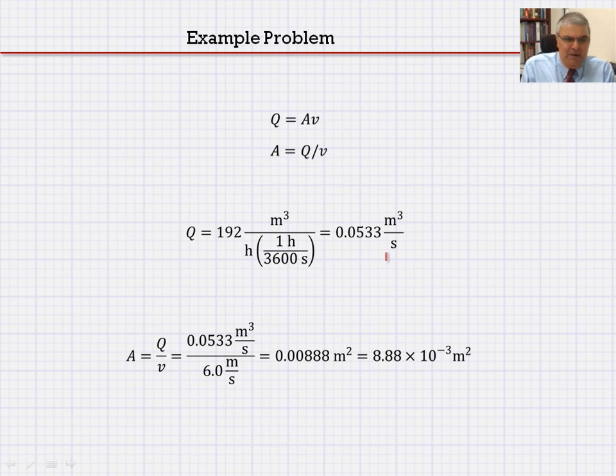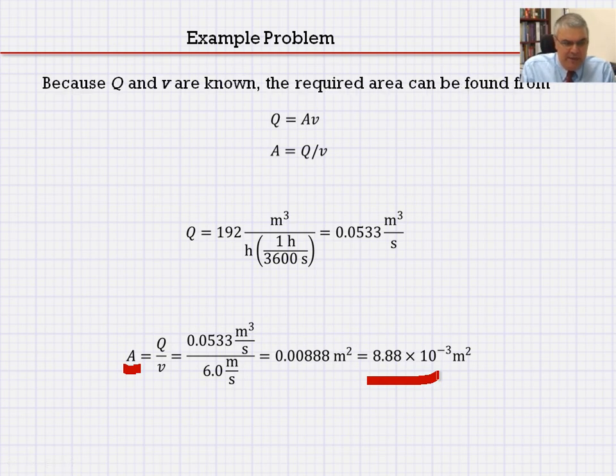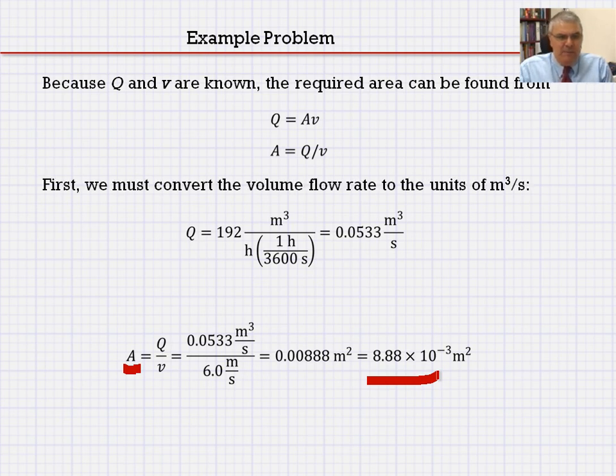That is really a matter of converting 1 hour to 3,600 seconds, using the conversion that's given here. Then we calculate the area in square meters. Again, these are simple arithmetic; they're not that complicated. The area turned out to be 8.88 times 10 to the minus 3 square meters.